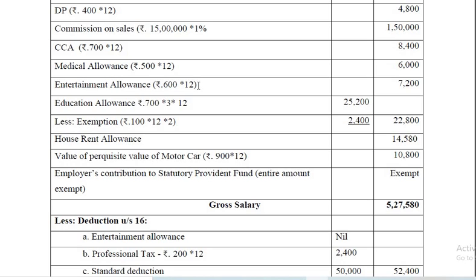Entertainment allowance, regarding this separately I have given a working note. I will take it up a little later. Then, education allowance.